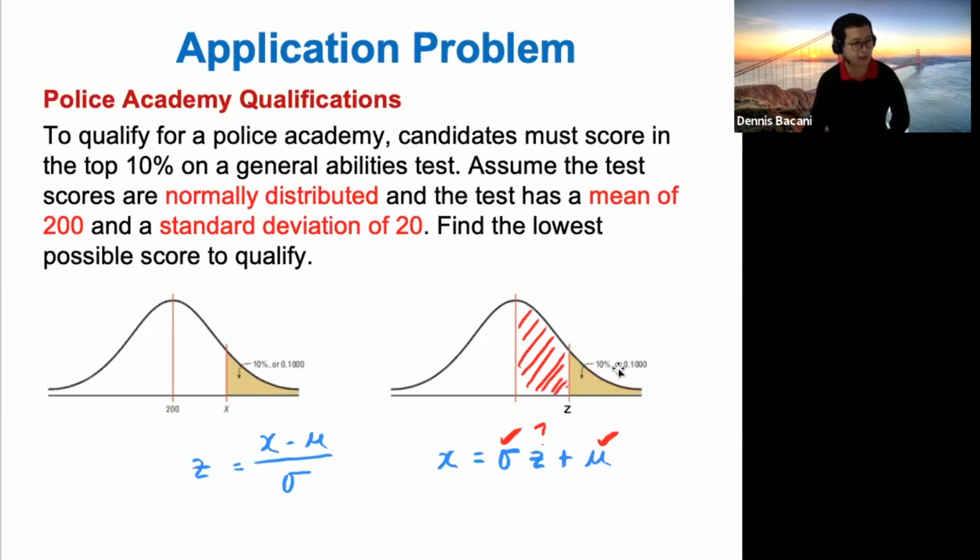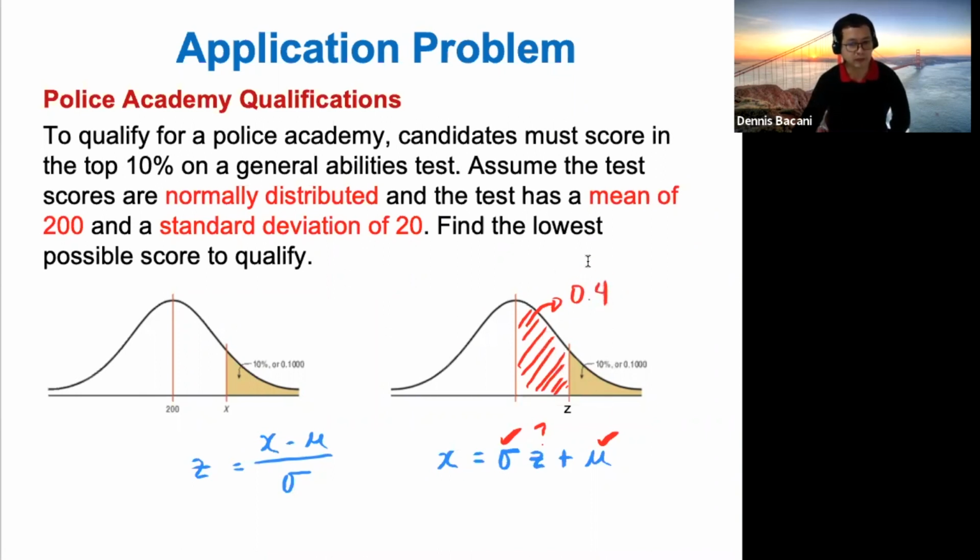It's always the area between a z value and 0, or the area between negative z and 0. So if this area here is equal to 0.10, then what is the area of this red region? This will be 0.4, because we know that the area to the right of the mean, which is z equals 0, is equal to 0.5.